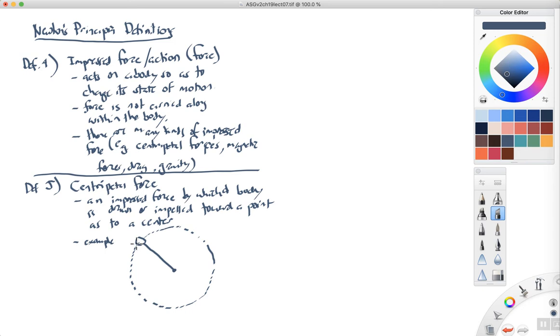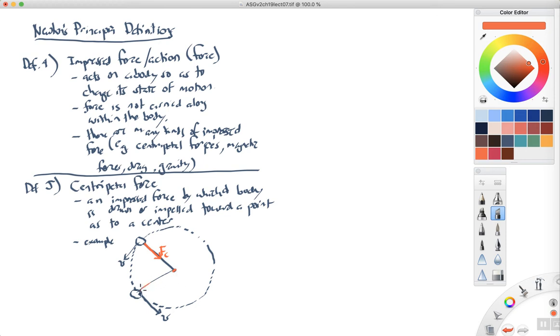At any particular moment, this is the velocity at this moment, and a little while later when the rock gets over to here, its velocity is going to be going that way, and so on. So this is two snapshots of a rock going around a center. What's happening here is the string is applying a centripetal force that acts inward. This is the centripetal force. The string is pulling the rock inward toward this point, which is the center.